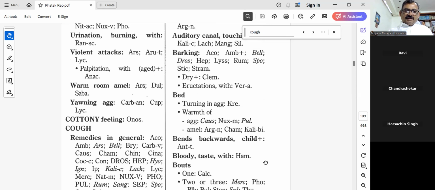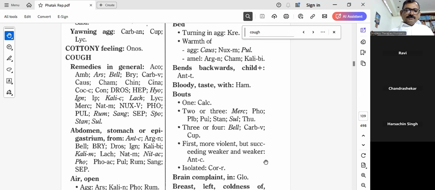Likewise, you have to see barking cough, what remedies are here, and compare with the bouts. Bout means कितना बार आता है. एक बार कफ आएगा तो one time it will come like that, they continue for 3 or 4, like that you can compare. अभी किसी का और भी एक देखेंगे कि स्टमक से निकल रहा है. It is coming from the stomach, more than 3 to 4 times.